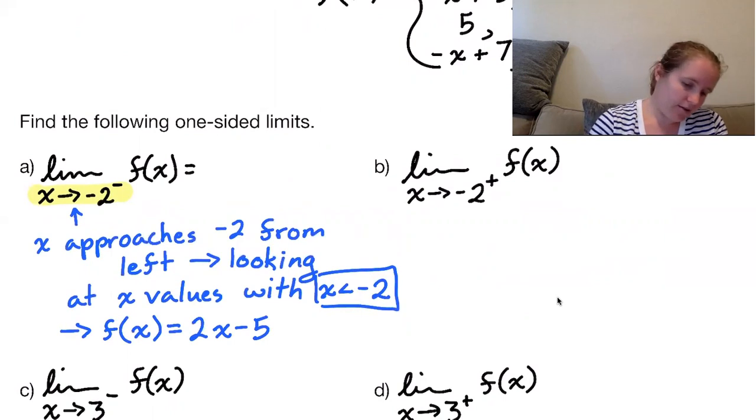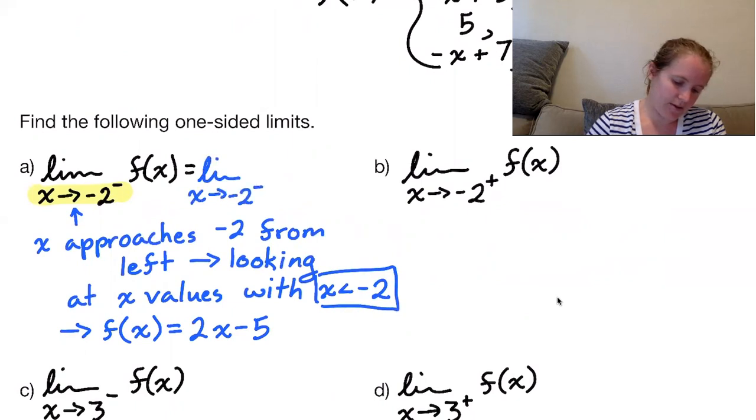Then the limit as x approaches -2 from the left side of f of x is simply the same as the limit as x approaches -2 from the left side of 2x minus 5.